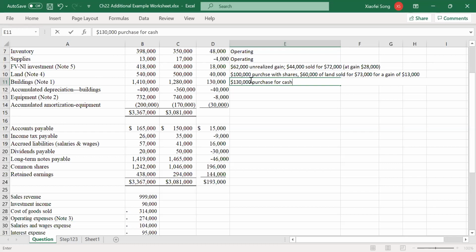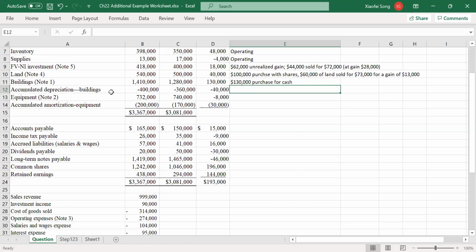Okay. So because nothing was sold, all the changes in accumulated depreciation must be the depreciation, right? Because if a building is sold, the cumulative depreciation of the sold building will be removed.